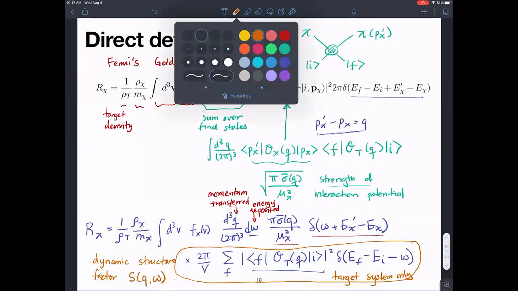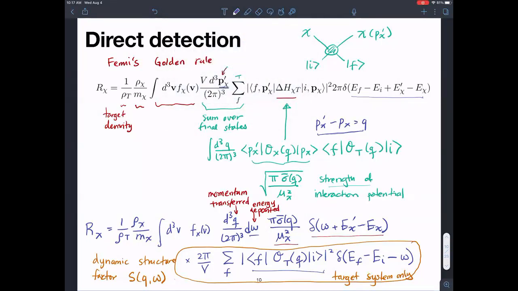Okay, so let me go through each of these pieces in a little more detail. First, for this interaction strength, let me give the example, as I said, of a Coulomb potential. If it were a Coulomb potential, this is what my Hamiltonian would look like.